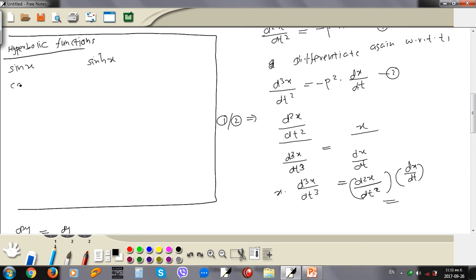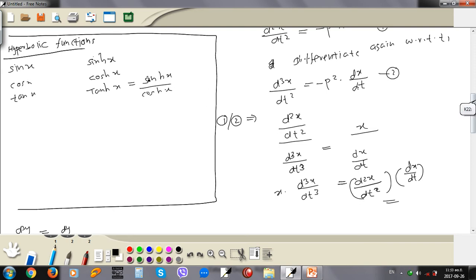If we consider cos x, then it is cosh x, and tan x, then it is tanh x. Tan x equals sin x over cos x.